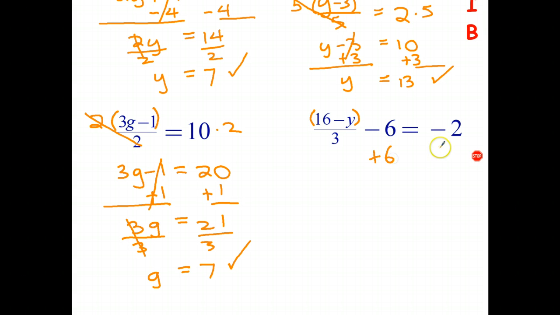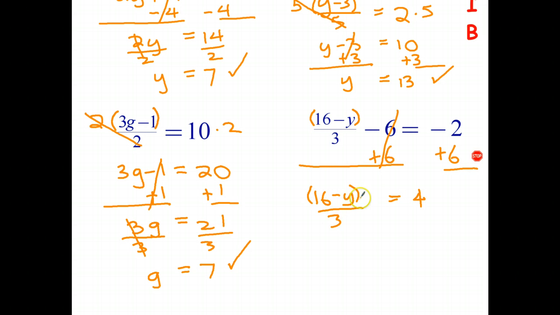So I add 6 to both sides. And I'm left with 16 take y all over 3 in brackets equals, well, negative 2 plus 6 is 4.